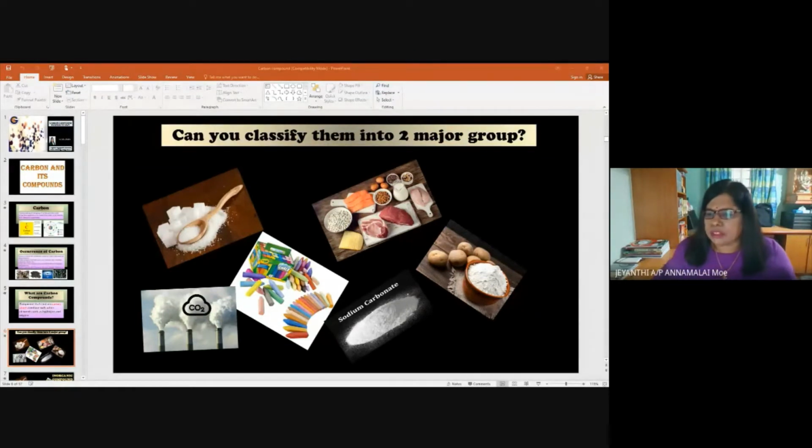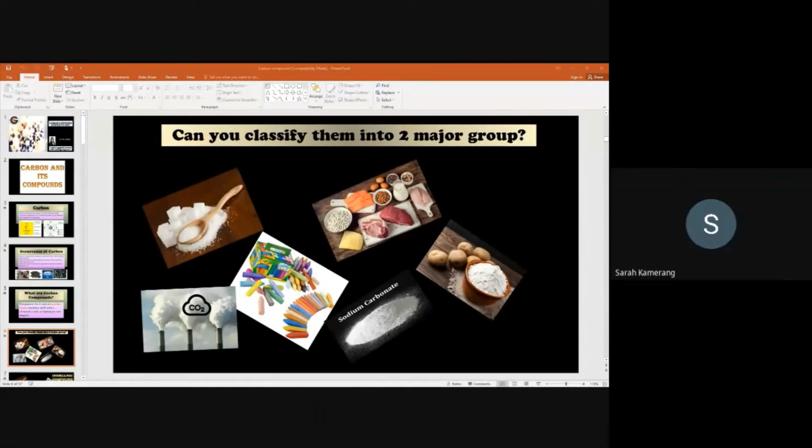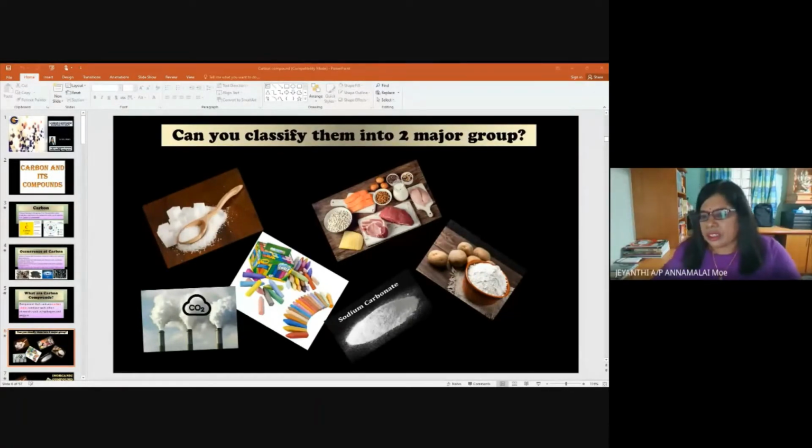Darshana says carbon compound, non-carbon compound. Sarah says that sugar, meat, potato, and flour are organic compounds.